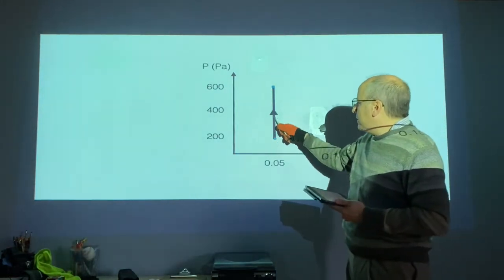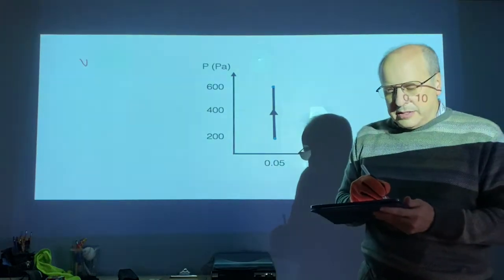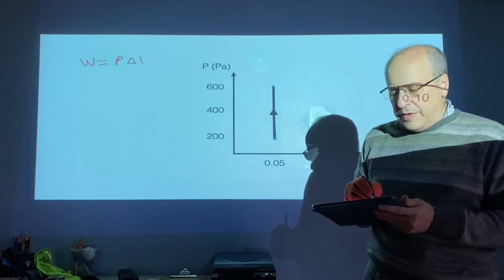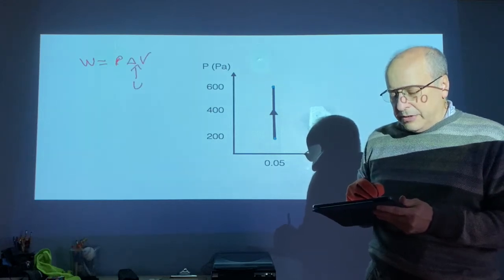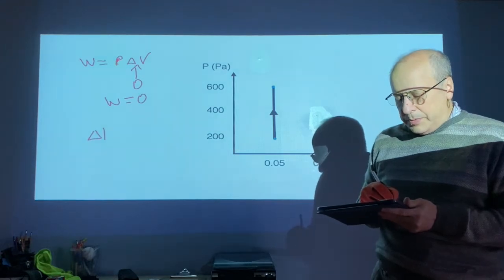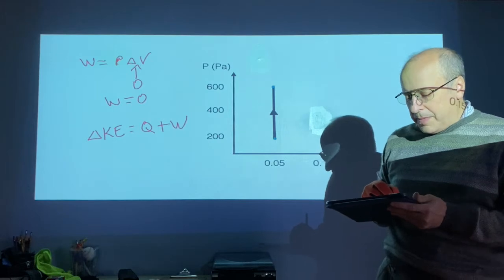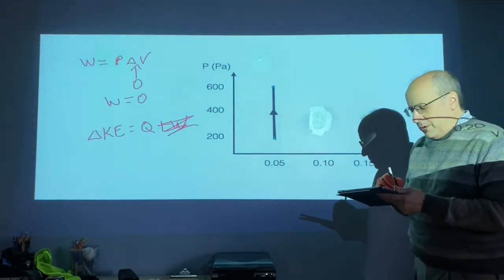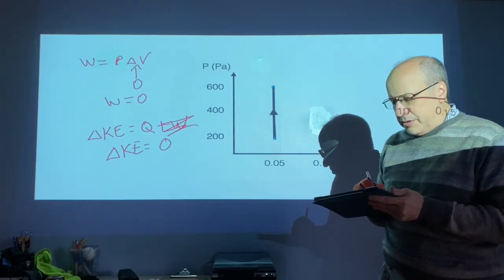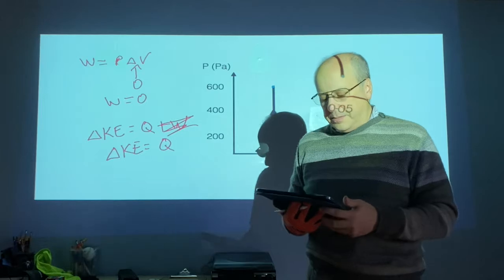Okay? This is isochoric or isovolumetric. It's a process that takes place at one volume. The volume does not change. So when we do work equals P delta V, this is going to be 0, which means the work is 0. Which means when we write change in kinetic energy equals Q plus W, the W is 0, which means the change in kinetic energy is solely due to heat that has entered or left our system.